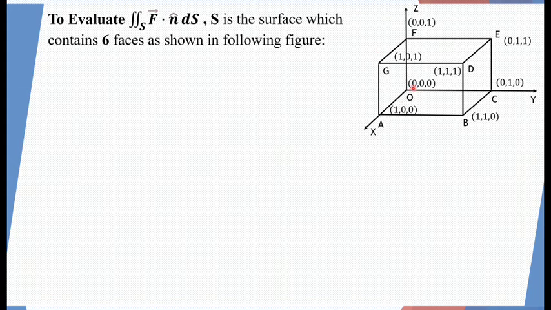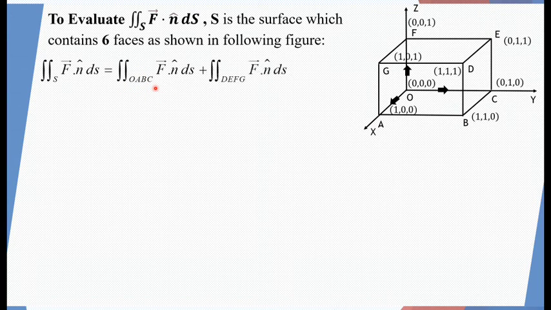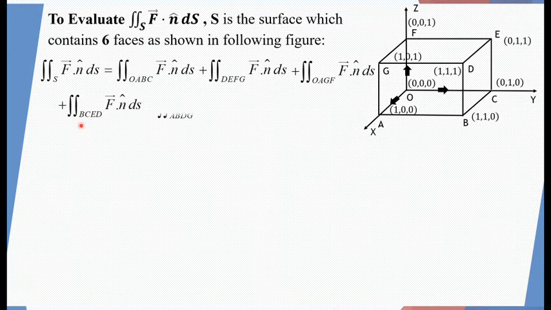So it contains 6 faces: OABC, OCEF, OAGF, BCED, DEFG, and ABDG. So the double integral of vector f dot n cap dS can be defined over the 6 faces as the double integral for the face OABC plus for the face DEFG plus for the face OAGF plus for the face BCED plus for the face ABDG plus for the face OCEF.